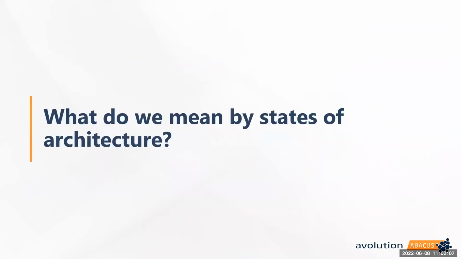Let's start off by exploring what we actually mean by state, the various types of state there are, and the differences between them. Despite the title of this webinar, we're not referring to a particular location within America. What we mean by state, in the context of enterprise architecture at least, is viewing your organization and its data and artifacts from a particular point of view.